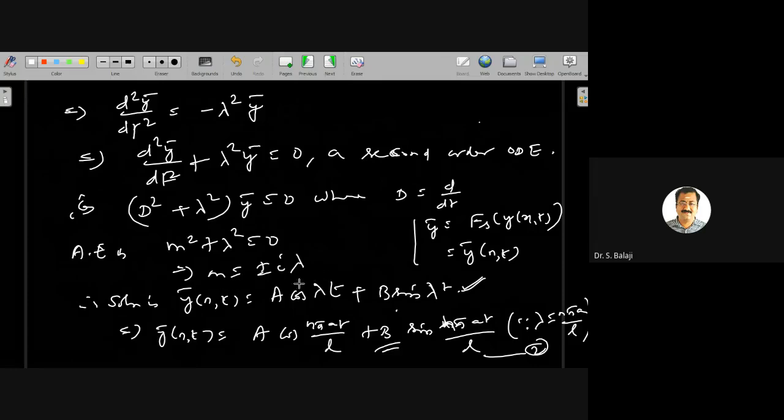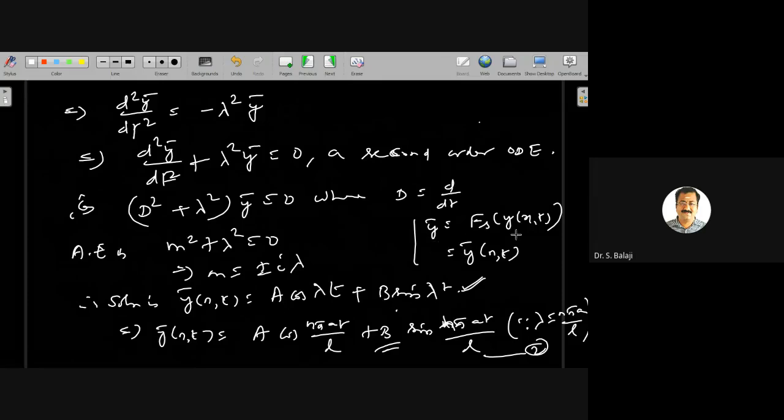Imaginary roots you can always get. And then the solution will be, for imaginary roots, e^(alpha x)(c1 cos beta x + c2 sin beta x) in that manner. But alpha is 0 here. Therefore, you can write, instead of c1 and c2, I am using a and b, a cos lambda t and so on.